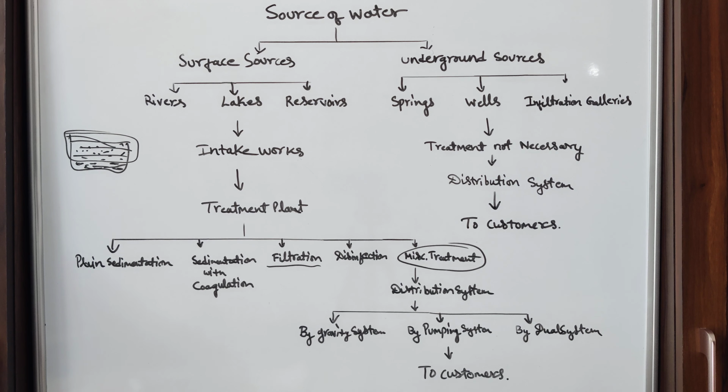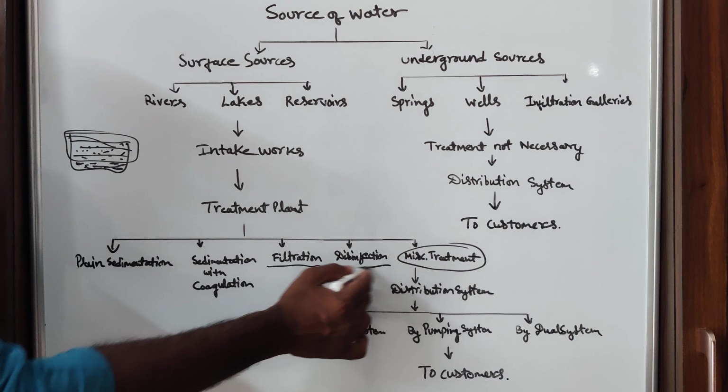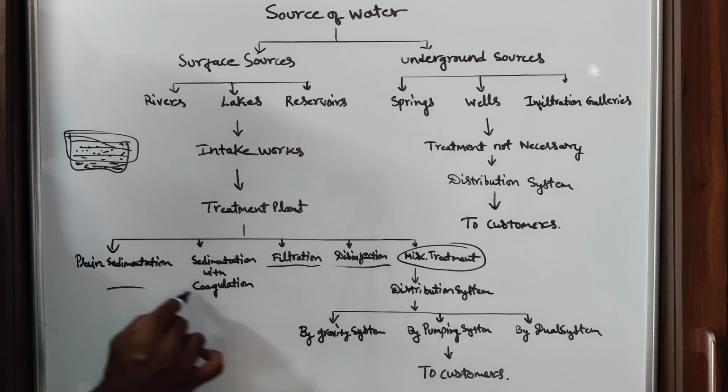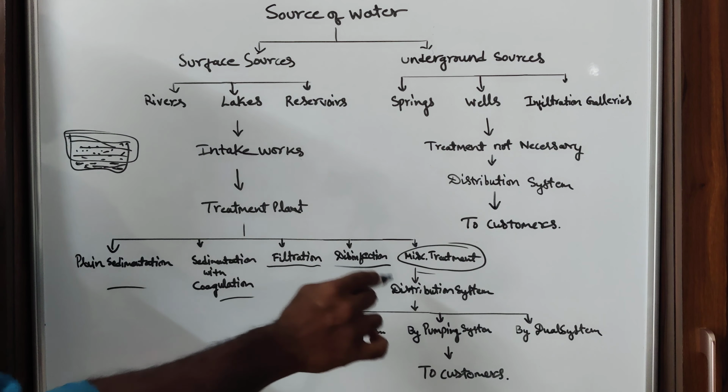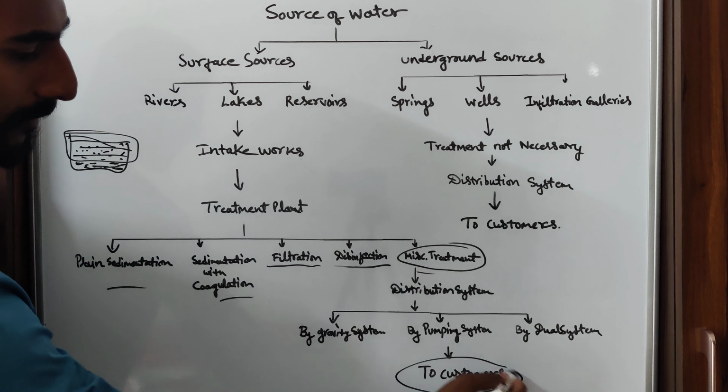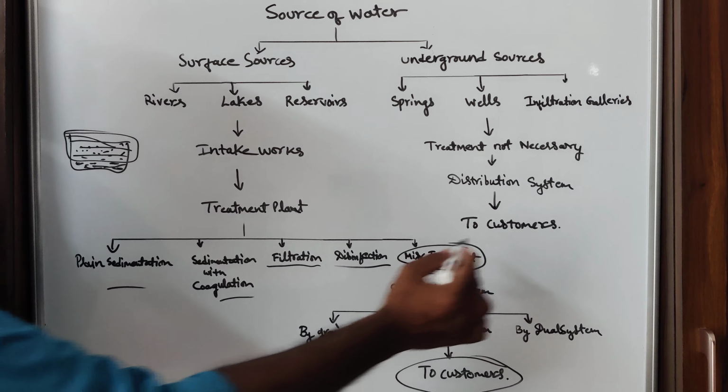In disinfection, pathogens or any bacteria present are removed. Once all this treatment is completed, the water is sent to the clean water reservoir or to the distribution system, from which it is distributed to the end users, which is nothing but customers.